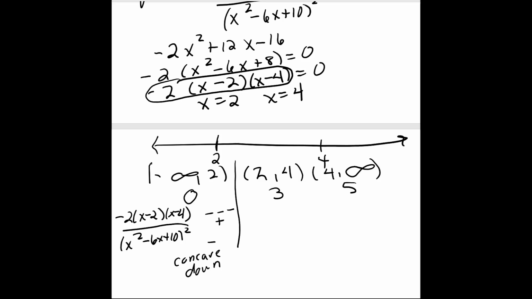Let's try our 3. Negative 2 is negative, 3 minus 2 is positive, 3 minus 4 is negative, the bottom is still positive. Negative, negative becomes positive, so overall, this is concave up.